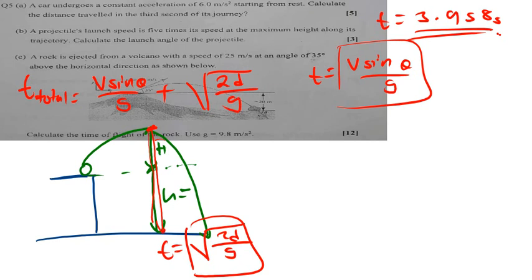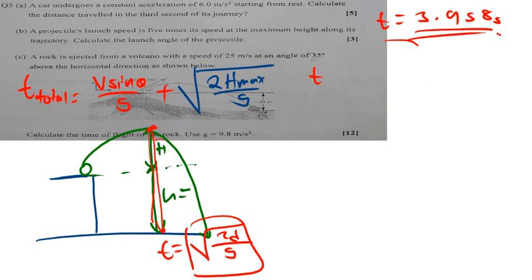So in short, you can just say the h max. You can just put there, plus the square root of 2h max divided by g.